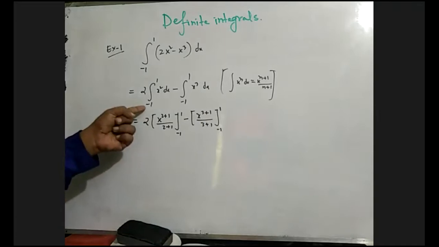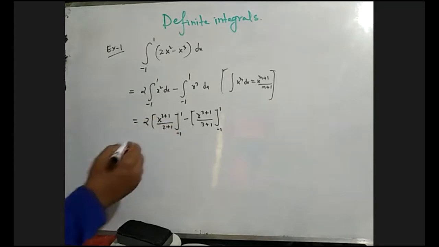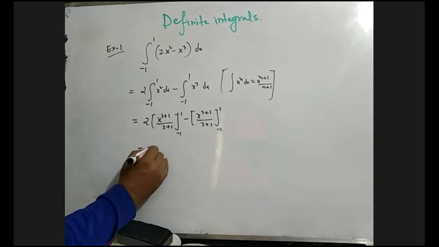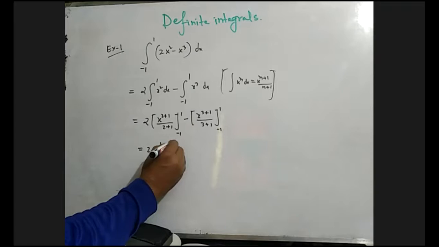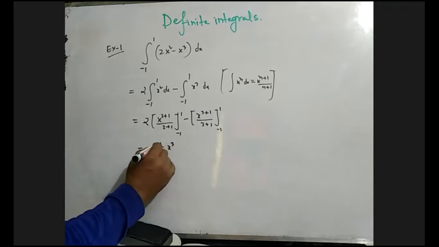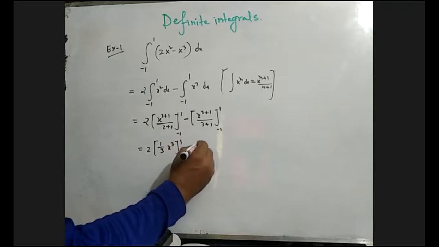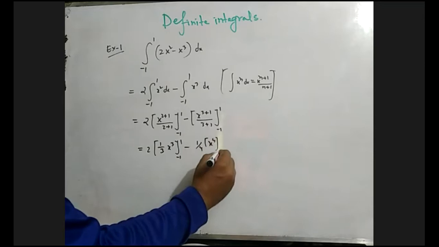Remember it: upper value and lower value. Now 1 by 3 x cubed from -1 to 1, minus 1 by 4 x to the power 4 from -1 to 1.